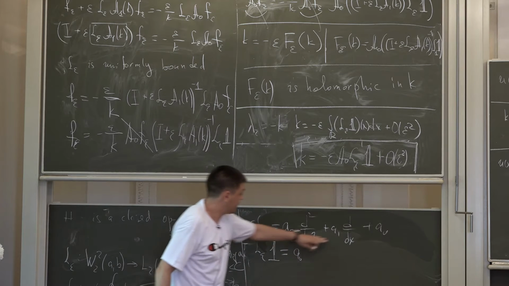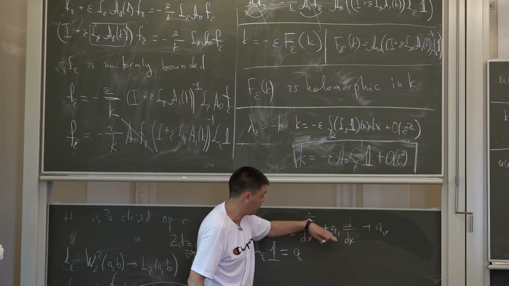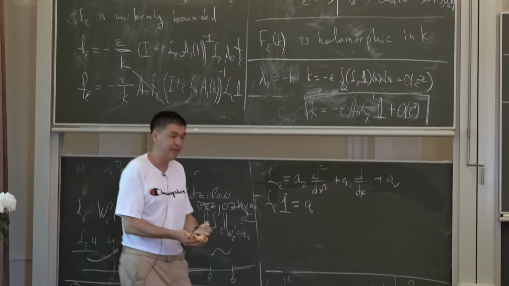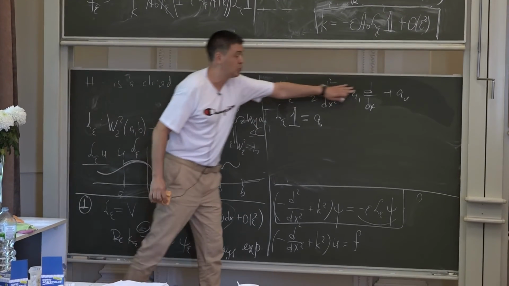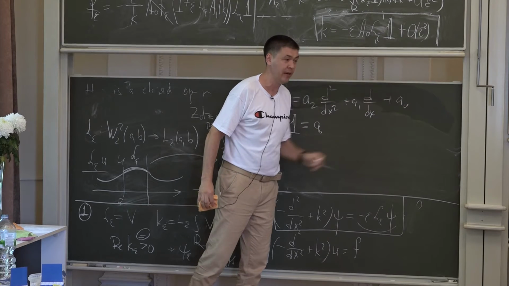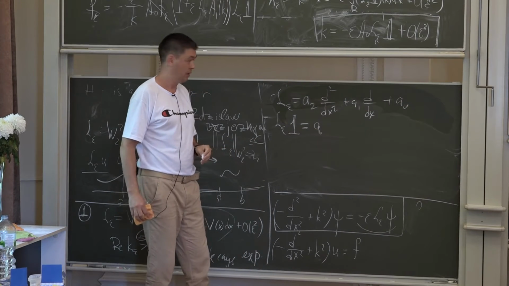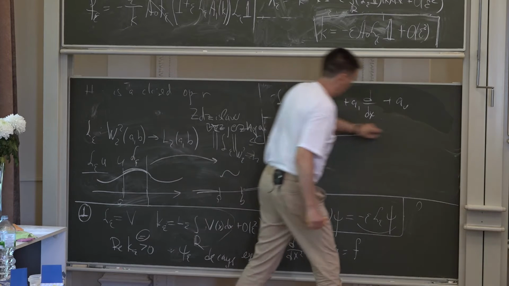Actually, having here the second order differential operator, we get exactly the same picture as in this example. So these two terms are not really important. It will be again the mean value of the potential. And then, of course, the answer is the same.